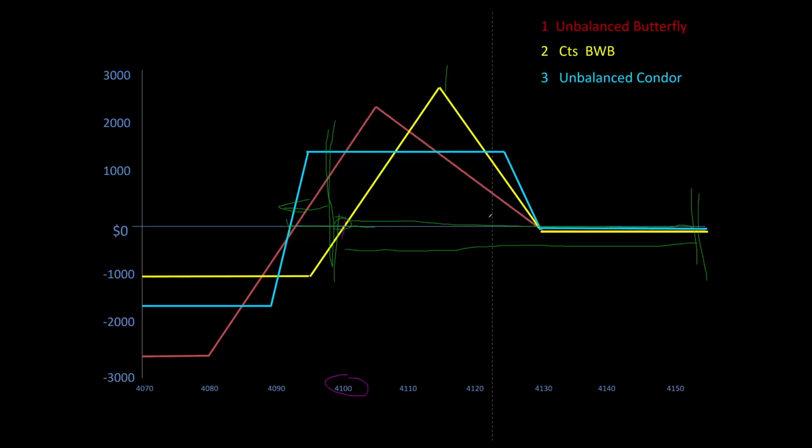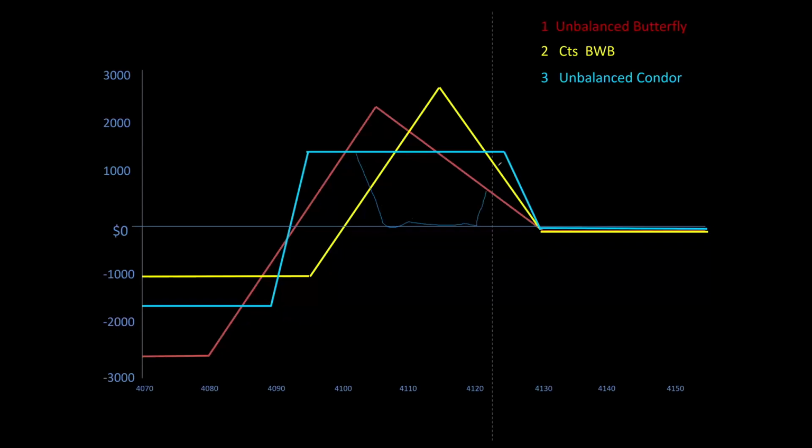We've had these things down with puts where we did get down 50 points and we managed to do an alchemy trade where we took this blue line of the unbalanced condor. I remember it because I had a lot of emails and people Skyping me and calling me and saying, Scott, we got an unbalanced condor and we're looking down 50. Yeah, and you know what we ended up with?